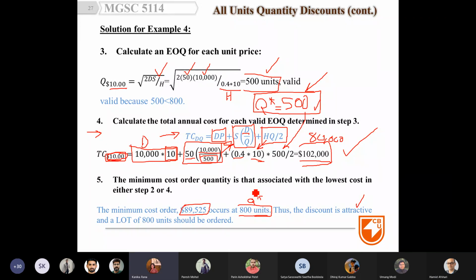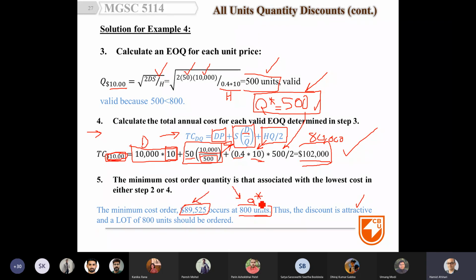Professor, if this question appears in the exam, should we mention the units? Yes. The question will clearly ask that you should find Q star or total cost.